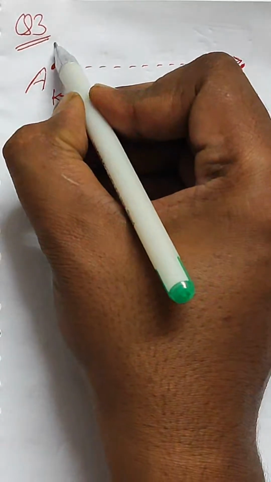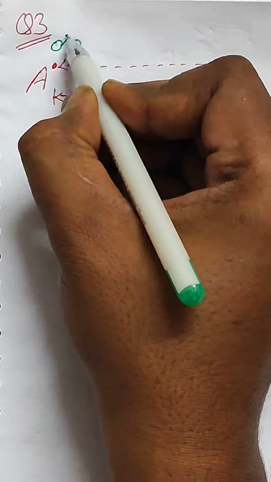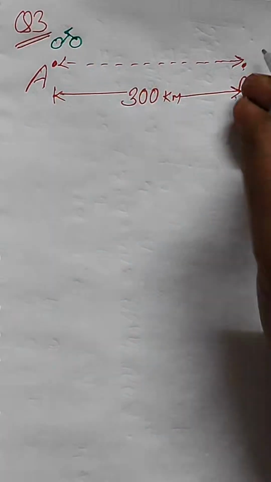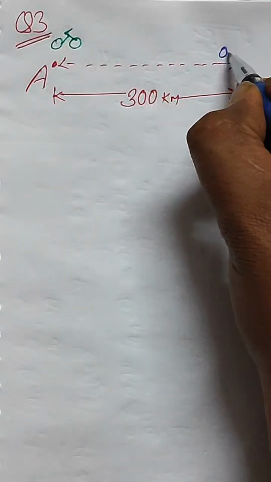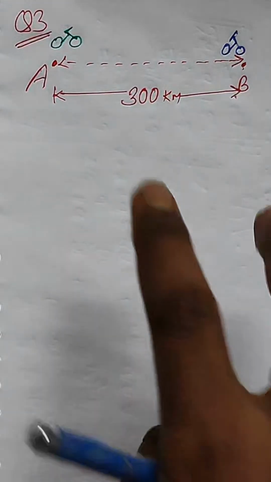That means one motorcyclist is going from point A, and simultaneously another motorcyclist, I'm drawing it in a different color, started from B. So both of them started at the same time.